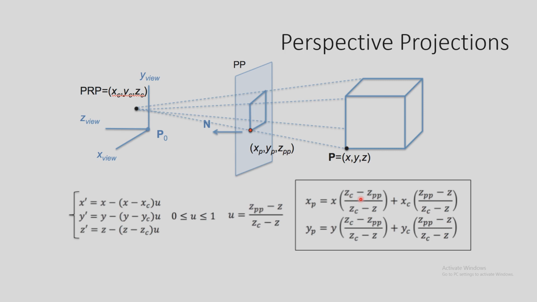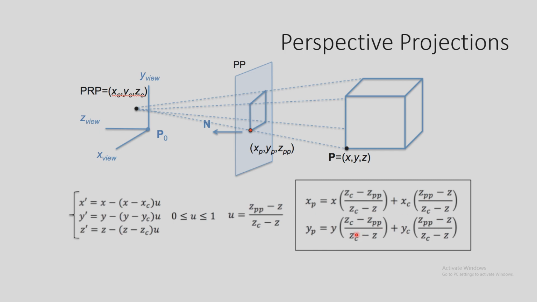So the Z coordinate of the projection plane and this point is the same, therefore it is written ZPP. So ZC minus ZPP. ZPP will also be known to you. ZPP is the position of the view plane. This is divided by ZC minus Z, where Z is the Z coordinate of point P, plus XC multiplied by the similar factor ZPP minus Z divided by ZC minus Z and so on.